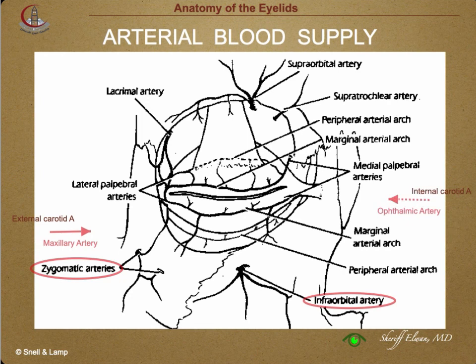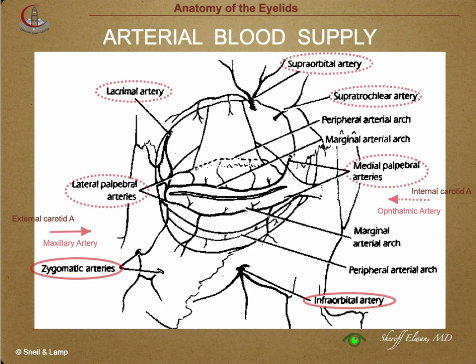And it comes as well from the internal carotid artery via the ophthalmic artery that gives the lacrimal artery, the lateral palpebral arteries, the supraorbital artery, the supratrochlear artery, and the medial palpebral arteries.